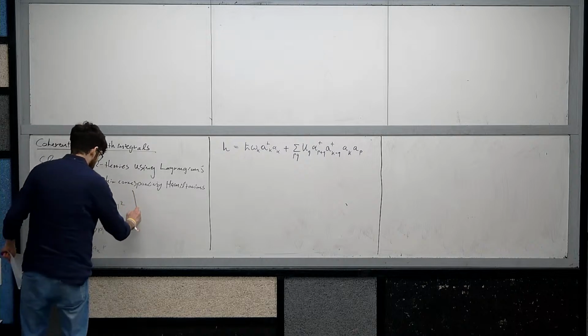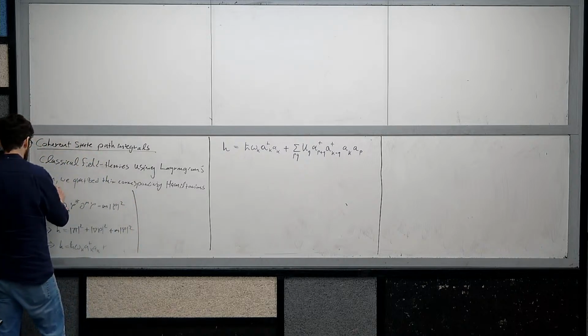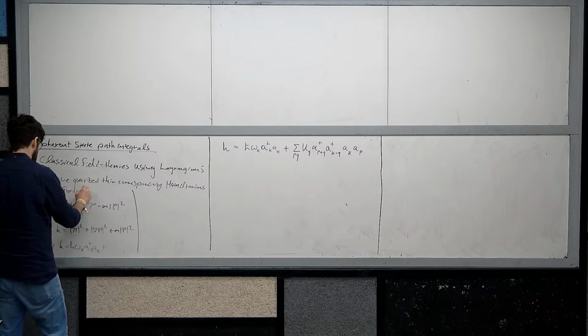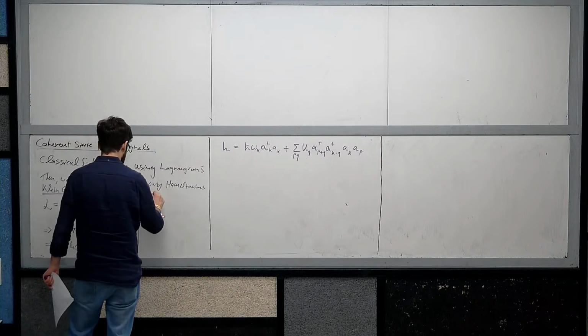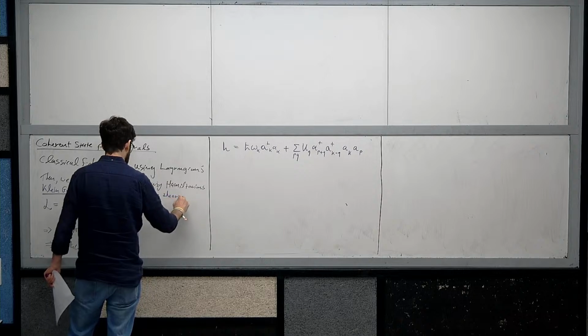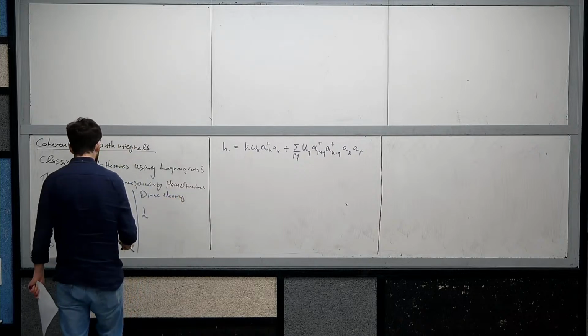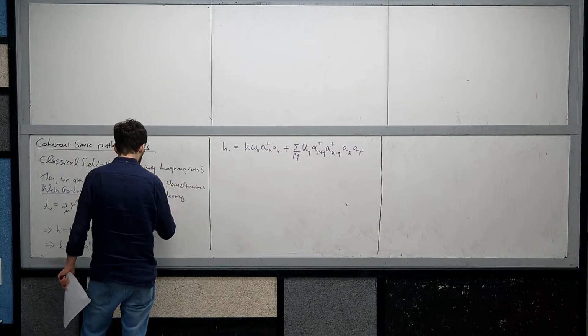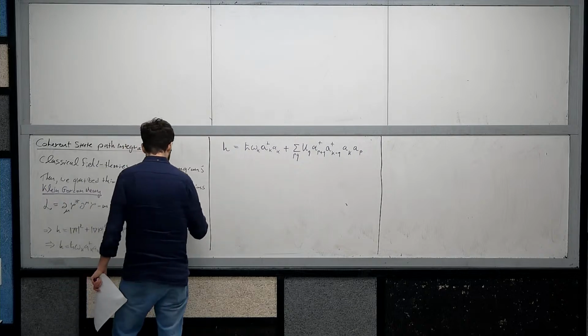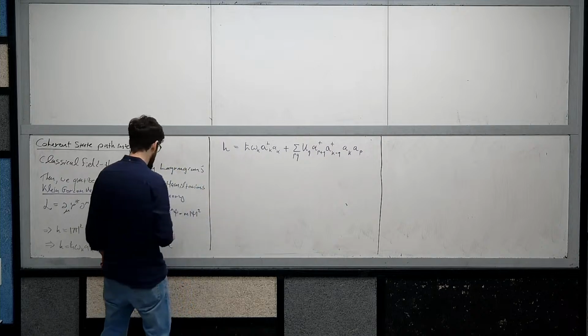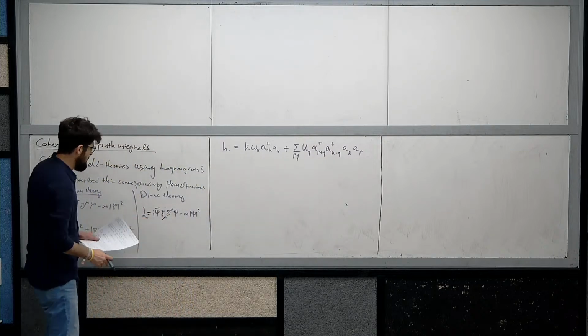So for the Dirac theory, we could write something like L is equal to psi bar, i gamma mu d mu psi minus m psi squared.